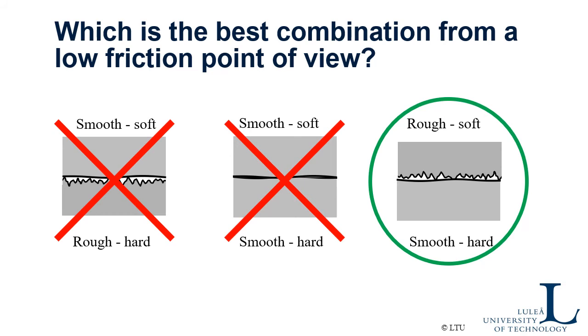And because you make the soft one rough, you also reduce the real area of contact, so you only have a few contact spots where you can have adhesive friction. So by combining the surfaces in this way, you reduce the dry friction. This is a kind of tribological rule, I would say.